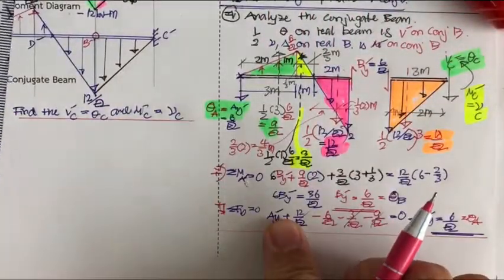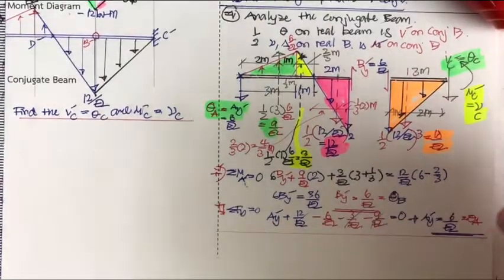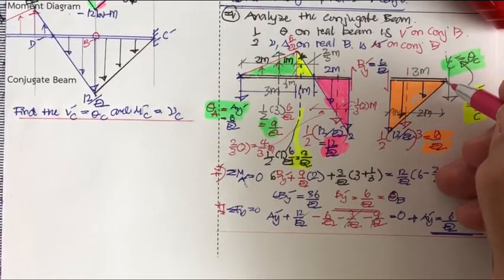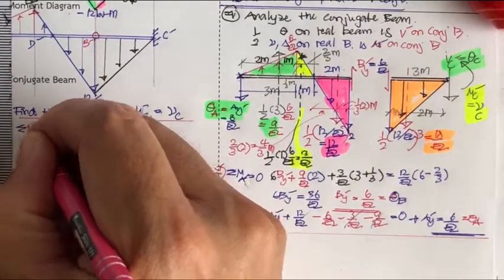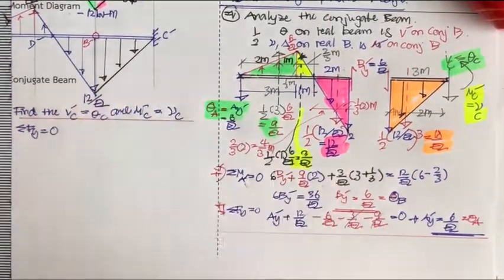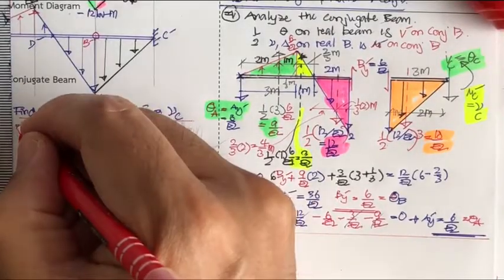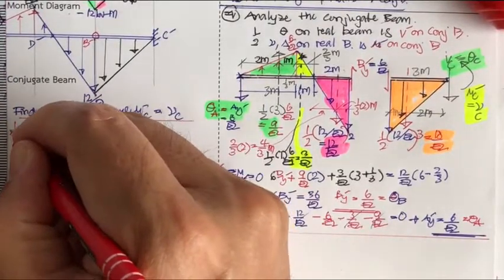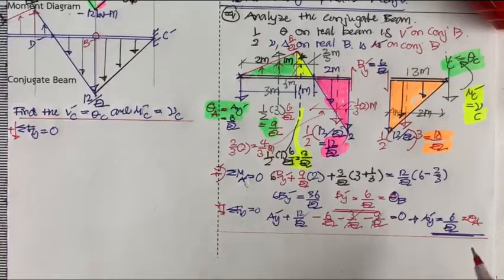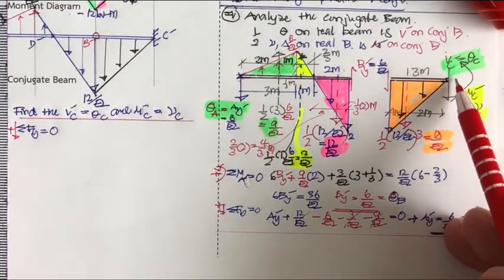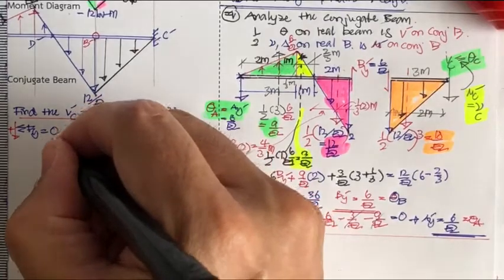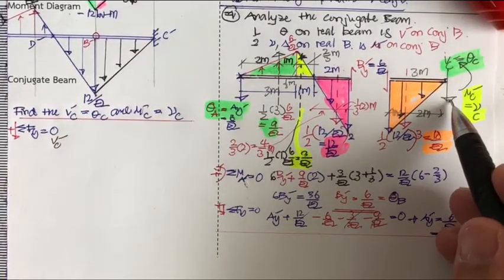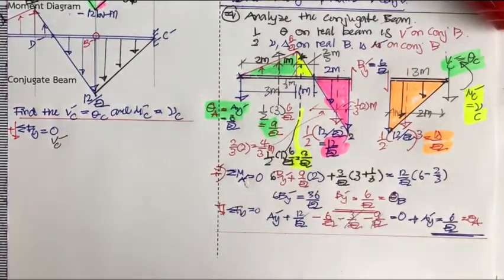Okay, and you can use any equation to find this. Let me use the summation of f sub y equal to 0. And we have the downward is positive. So we have V sub c prime is downward, right?